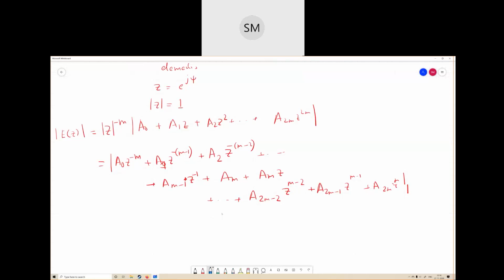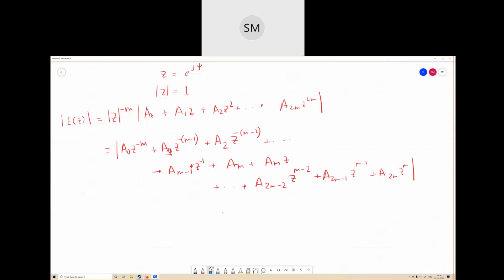What I mean is, we express our sum in this way: A0 z to the power minus m plus A(2m) z to the power plus m.